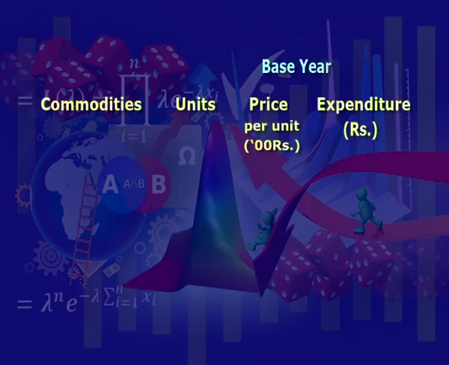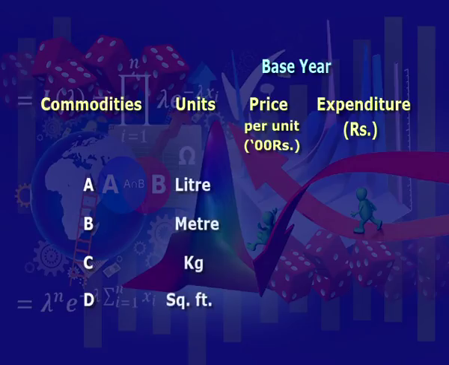So, this is the data regarding the base year and current year price and expenditure. Here we have four commodities, given in column number 1: A, B, C, D. The corresponding units for A is liter, for commodity B is meter, for commodity C is kilogram, and for commodity D is square feet.